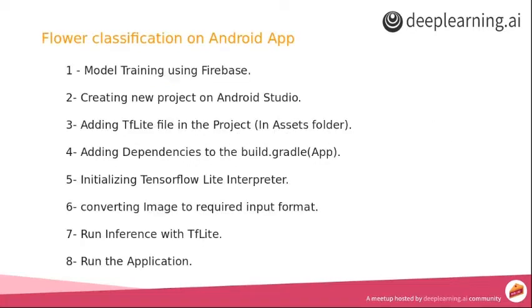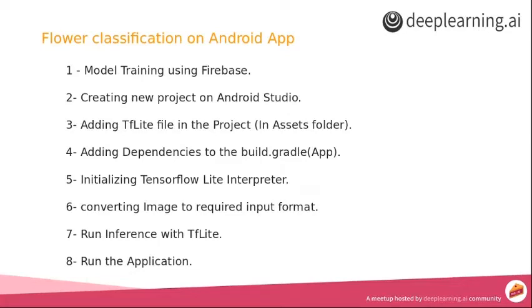Next, this is our flow. First of all, we will train our model using Firebase flower classification model. Then we will create a new project on Android Studio. Then we will add TF-Lite file to the project. Then we will add dependencies in the build.gradle app module.